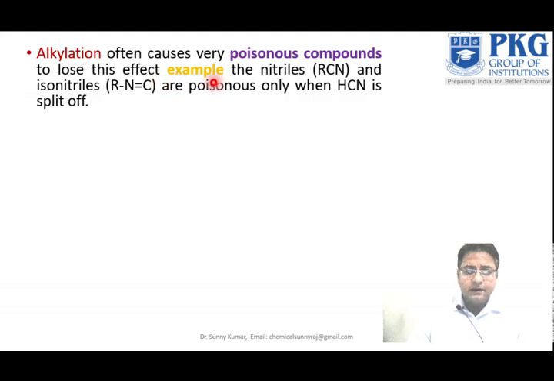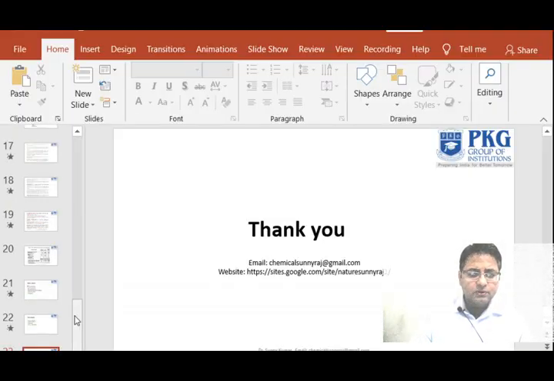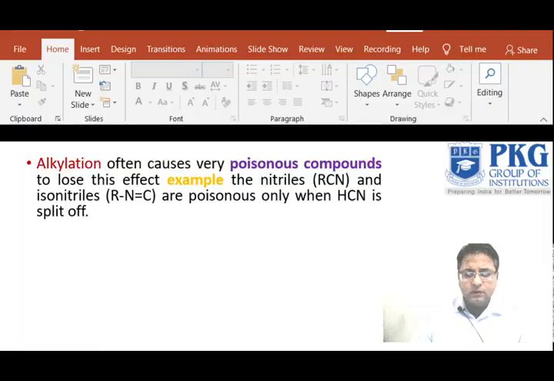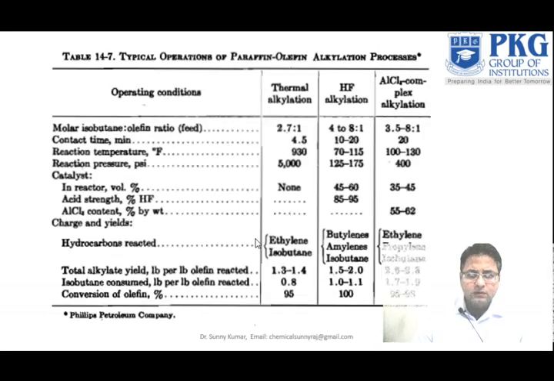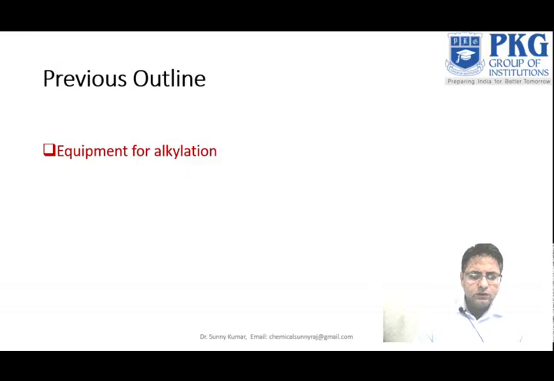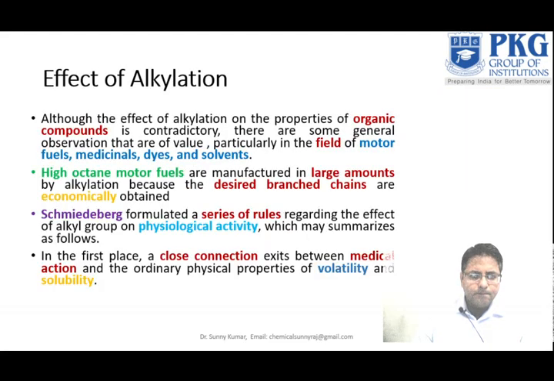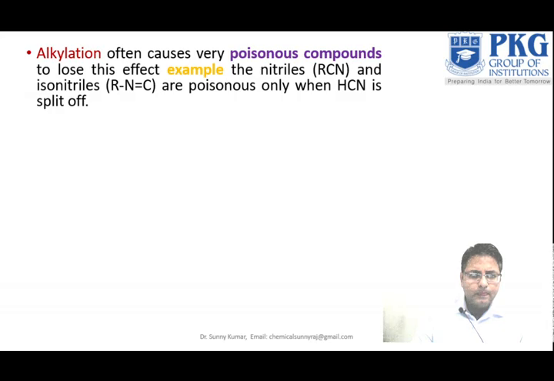Examples: nitriles and isonitriles, which are RCN, and this is a triple bond, not a double bond.